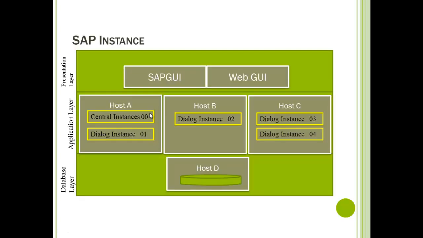Now let's look at SAP instances. Here again we are talking about the same layers: presentation layer, application layer and database layer. When you install an SAP system, you already have an option to separate the processes at the application level from those at the database level.